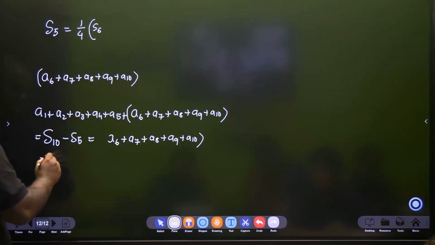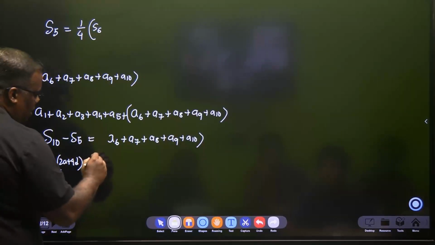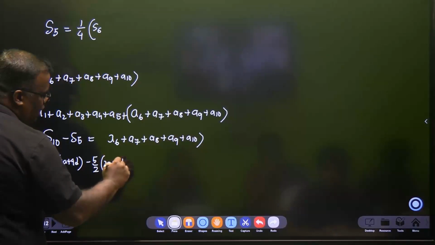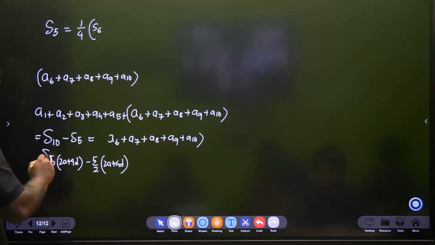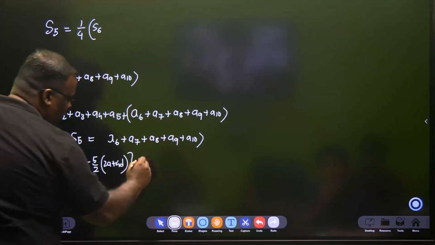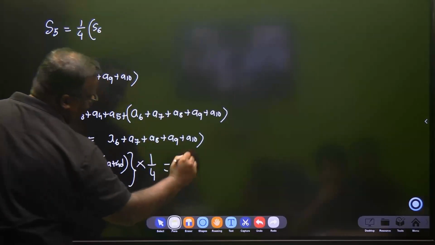What is S10? 10 by 2, that is 5 into 2a plus 9d. And S5 is also easy for me. 5 by 2 into 2a plus 4d, right? This value is actually this. 1/4 of this is the value of S5.